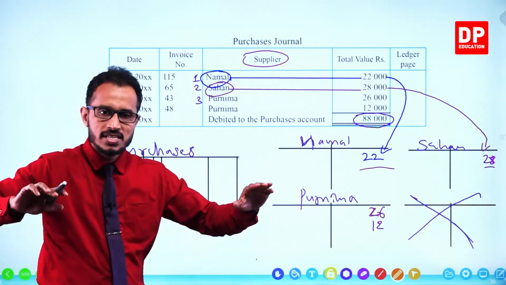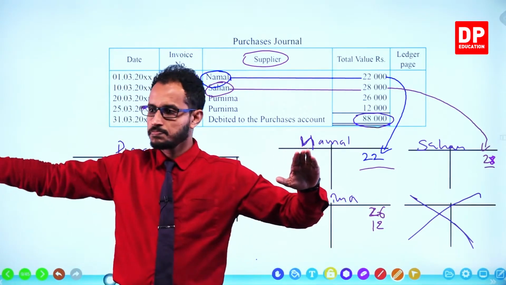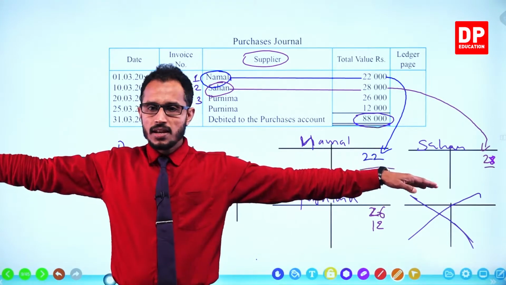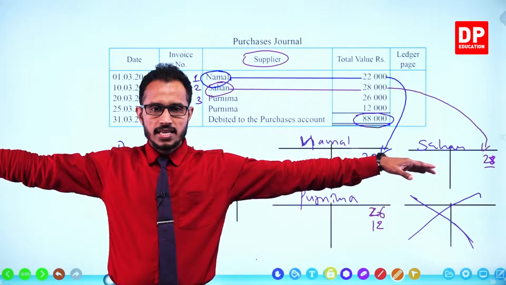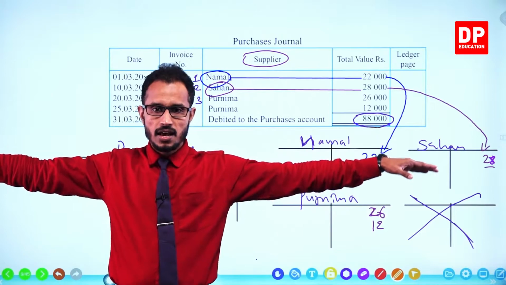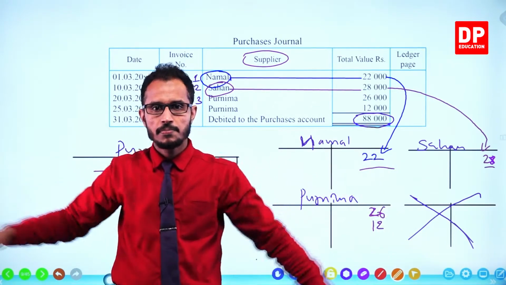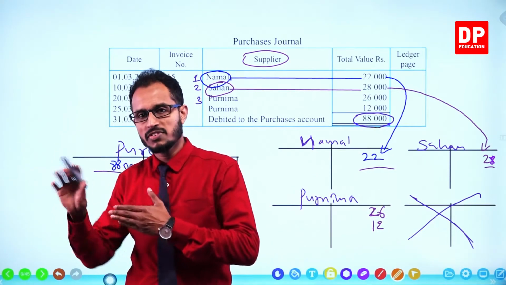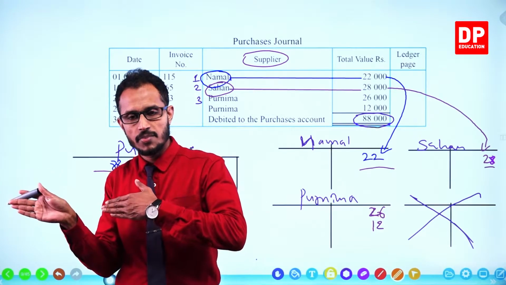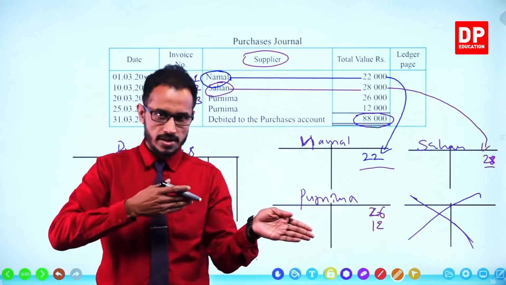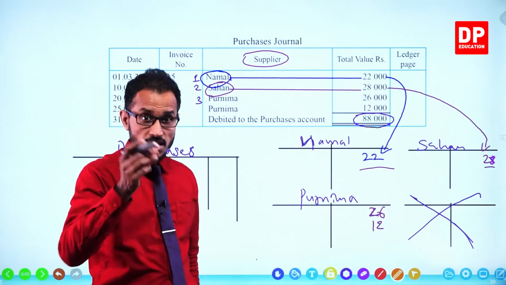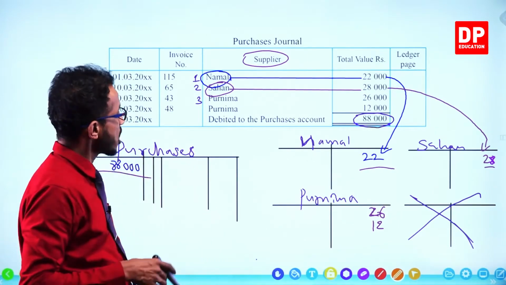The double entries are balanced. The same amount which was debited has been credited. That's how we did the purchases journal.